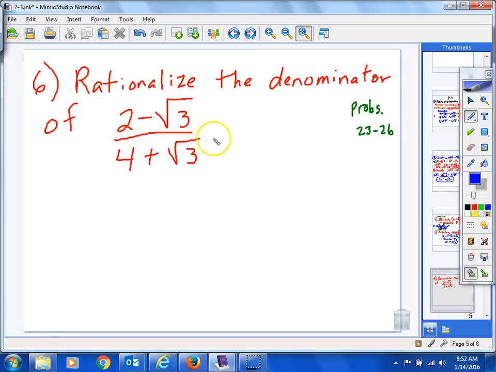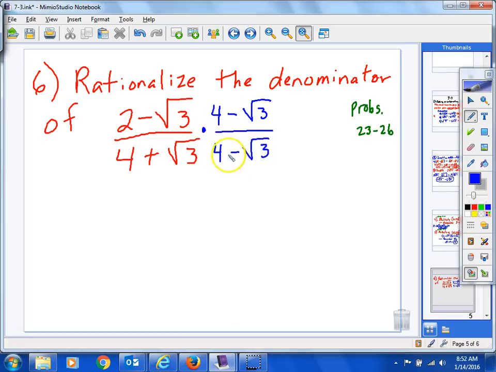So we have a different way of rationalizing radical denominators that are binomial, 2 terms. And it goes back to that term that we learned on the previous slide. We're going to use the conjugate of the denominator. Remember, conjugate just means we have exactly the same terms, but we use the opposite sign. So the conjugate of 4 plus the square root of 3 is 4 minus the square root of 3.